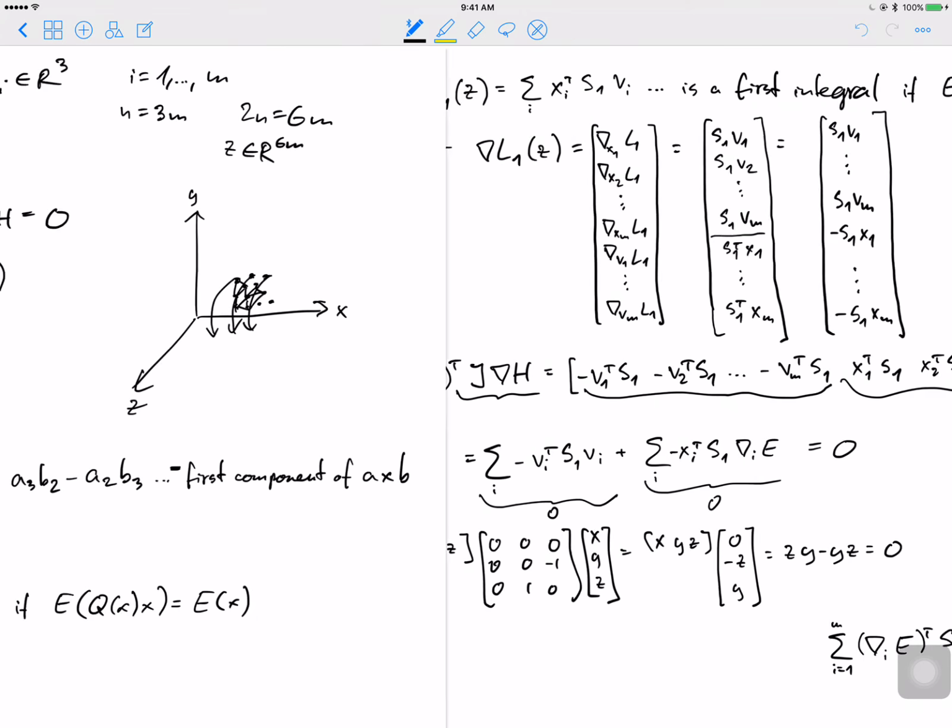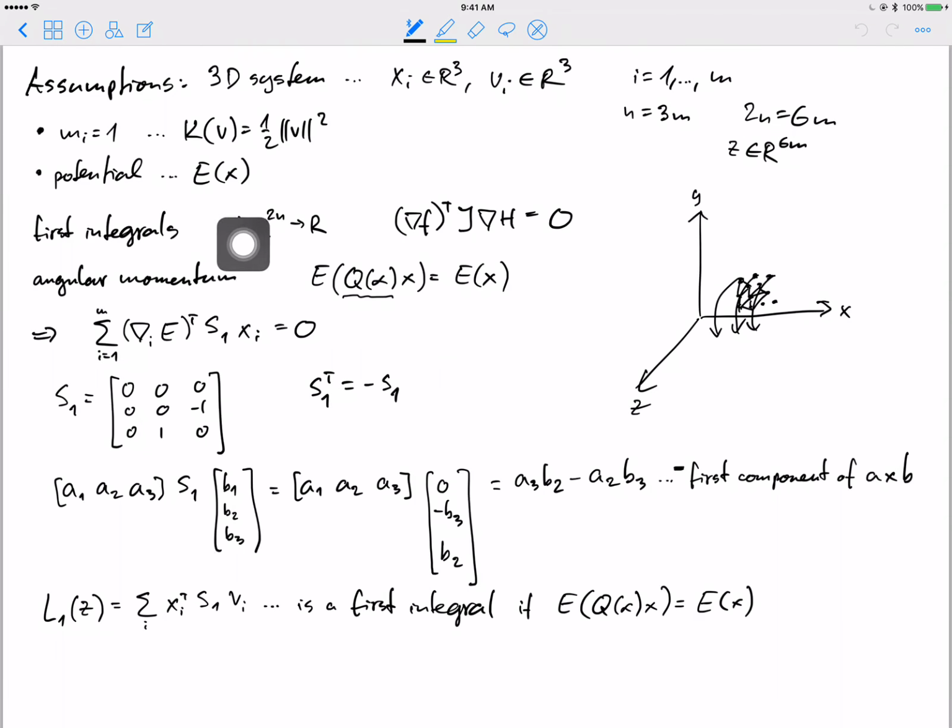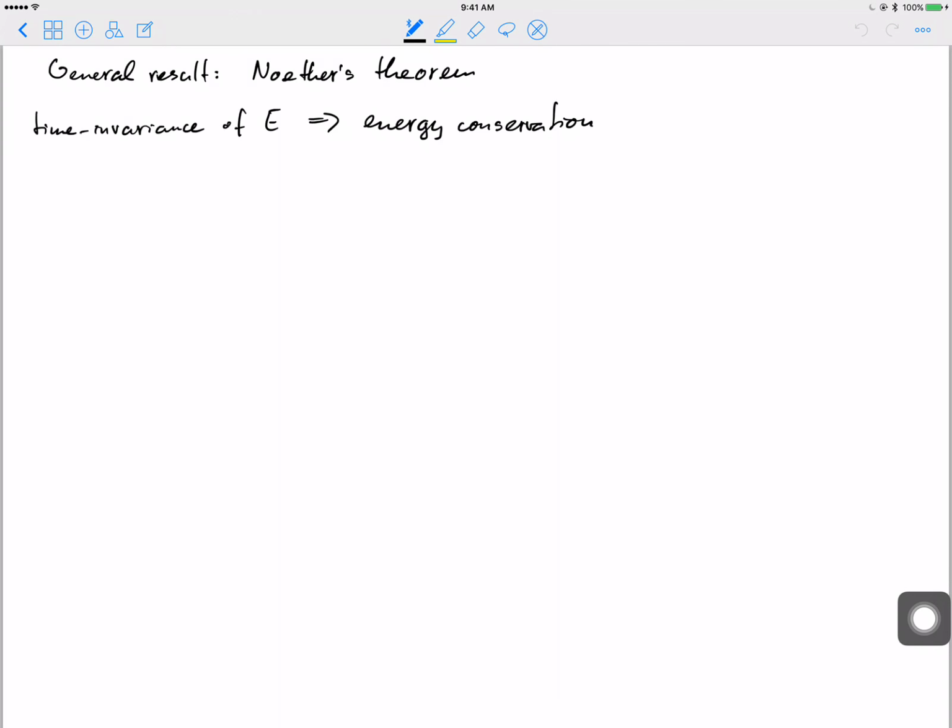And that's simply due to our assumption that I made here that the potential depends only on x, okay? If the potential was allowed to depend on t, then the energy would not be conserved in general. Then what we have also seen, the translation or shift invariance of the potential implies linear momentum conservation.